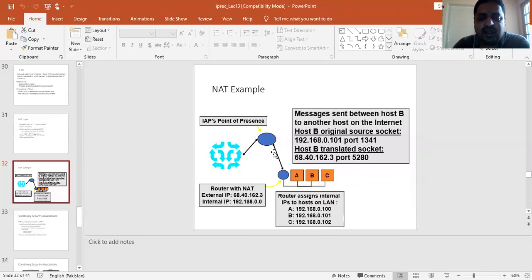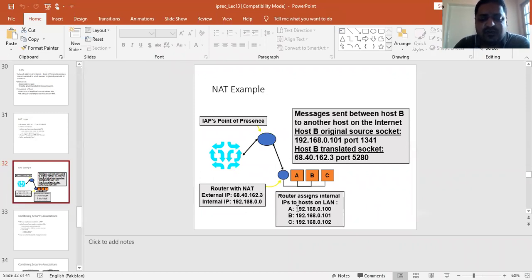For example, if there are hosts here having different IP addresses, and they want to connect to another network, there are different IP addresses for the public network here.